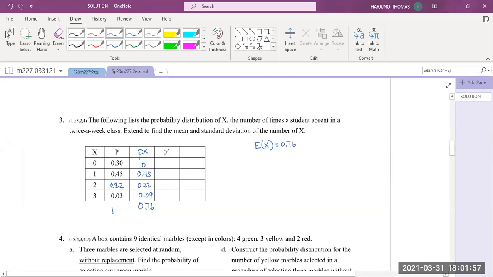Okay, now then x squared, this is 0, 1, 4, 9, and px squared is p times 0, that's 0. P times 1, that's 0.45. 0.22 times 4 is 0.88. 0.03 times 9, 0.27. That adds up to 1.6. So the variance of x will be 1.60 minus 0.76 squared.